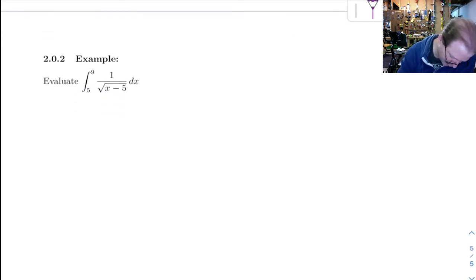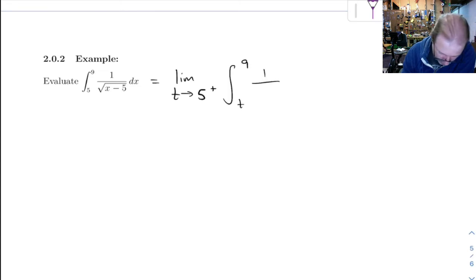So let's work this one out. It's going to be the limit as t goes to 5 on the plus side of the integral from t to 9 of 1 over the square root of x minus 5 dx.